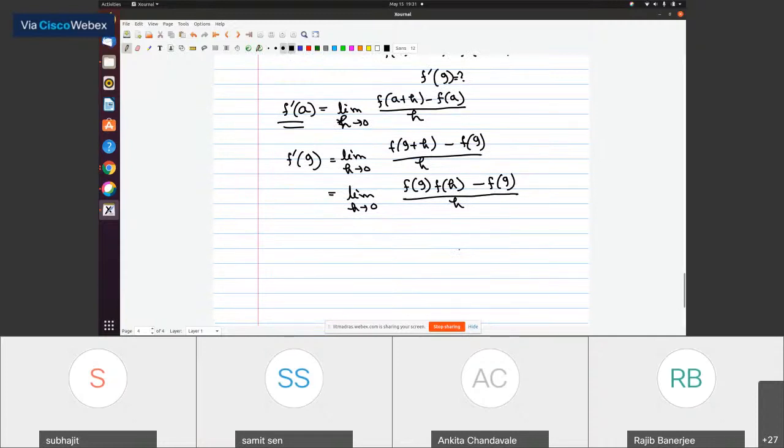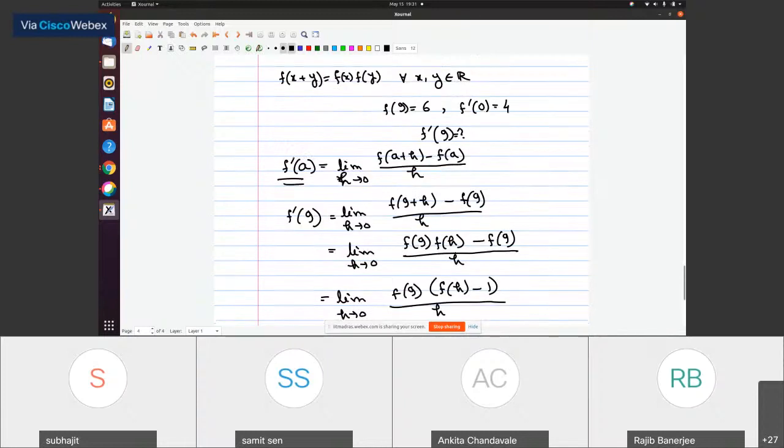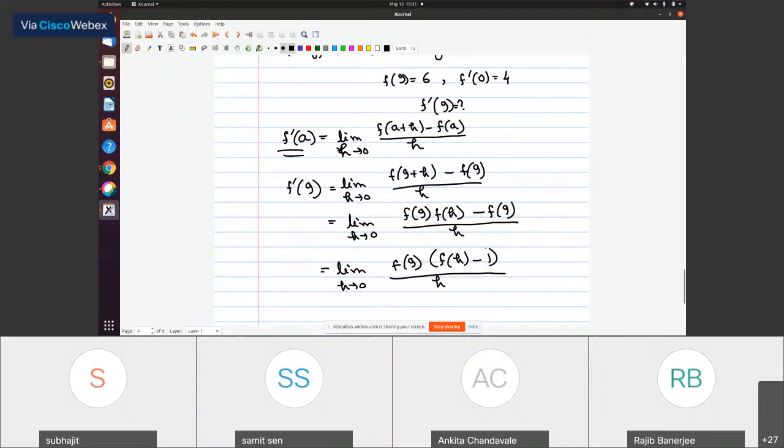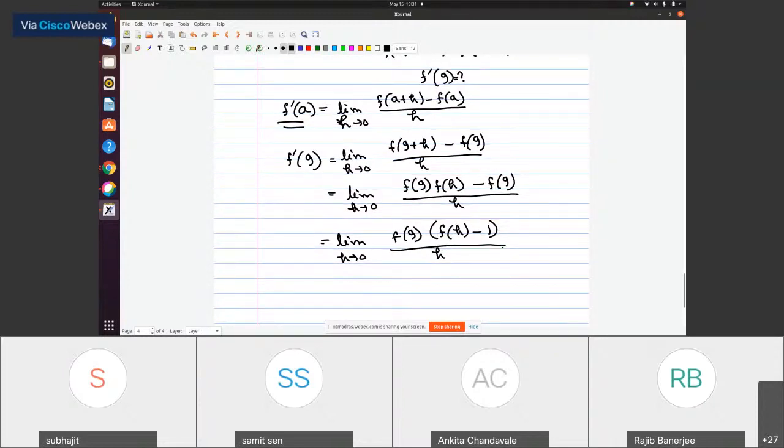So I can take f9 common in the numerator. So it will give us this by h. Till this point, is this okay? Yes, sir.